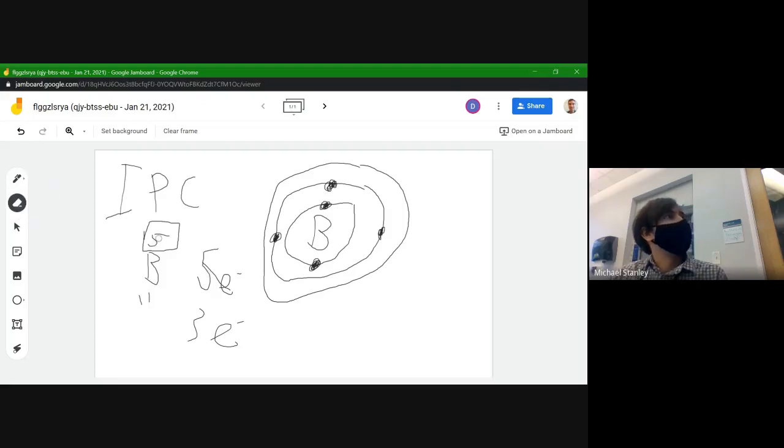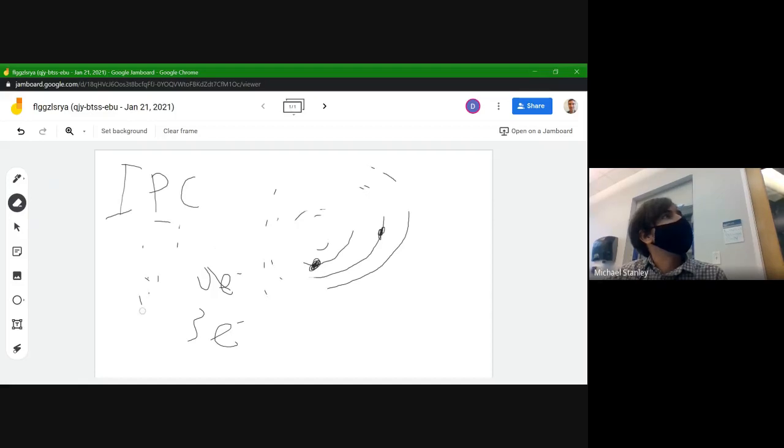So boron was a pretty simple, pretty basic example. But let's cross it out and maybe do something a little bit bigger. Probably could have just made a whole new blank slide, but oh well. Now we're too committed to the erasing.